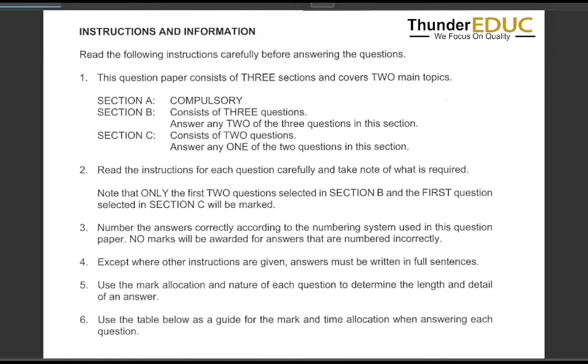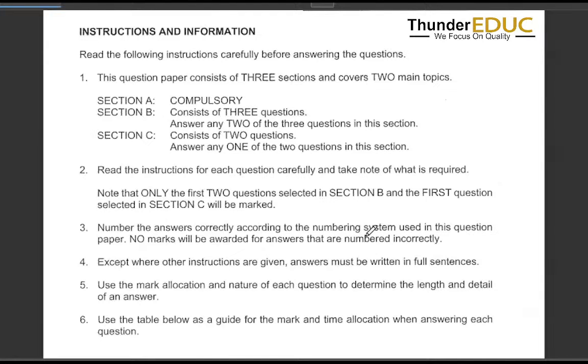Okay, right. So now, grade 12s, let's move on to the third instruction. So now the third instruction reads as follows. Number the answers correctly according to the numbering system used in the question paper. No marks will be awarded for answers that are numbered incorrectly.